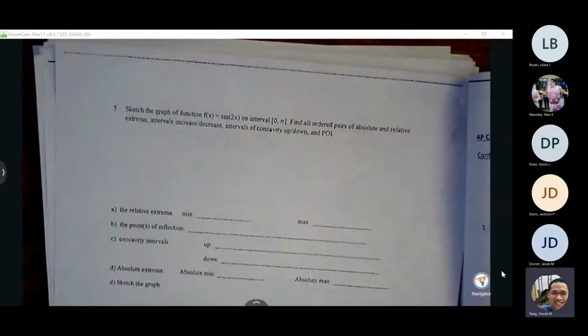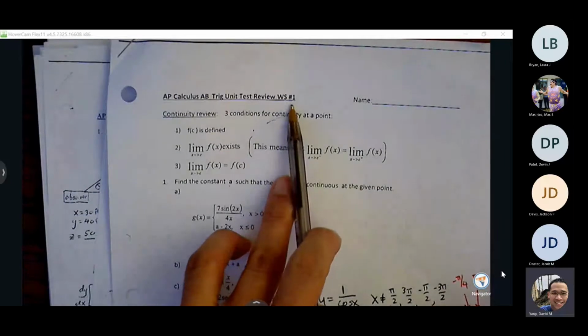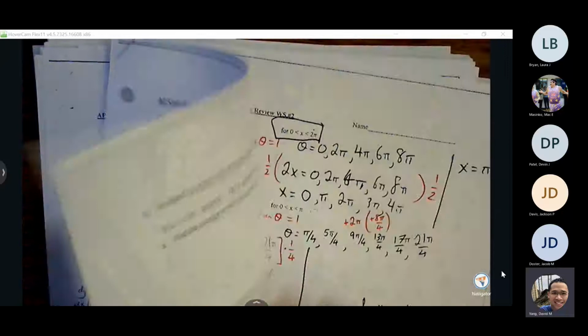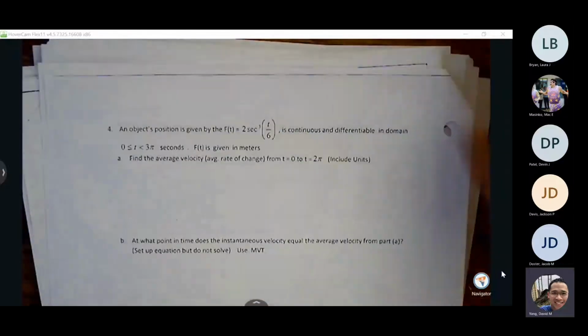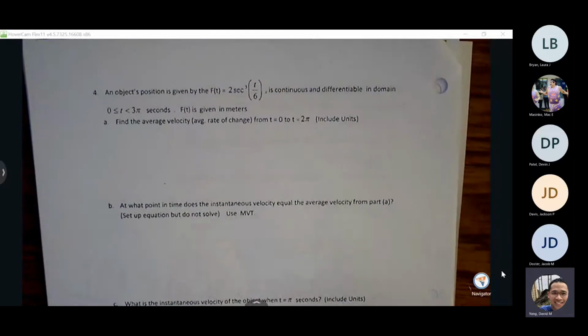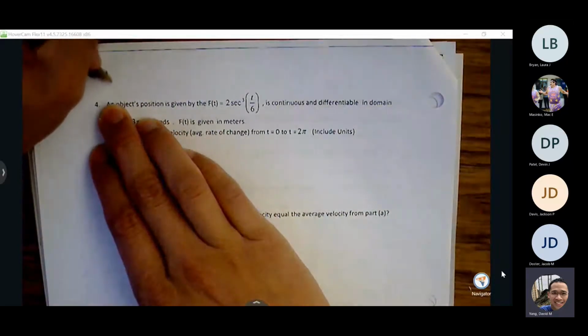Guys, this is off of worksheet number 1. You'll see a problem that deals with average rate of change, mean value theorem. So I want to just kind of go through this again so that you guys have this fresh in your mind here.